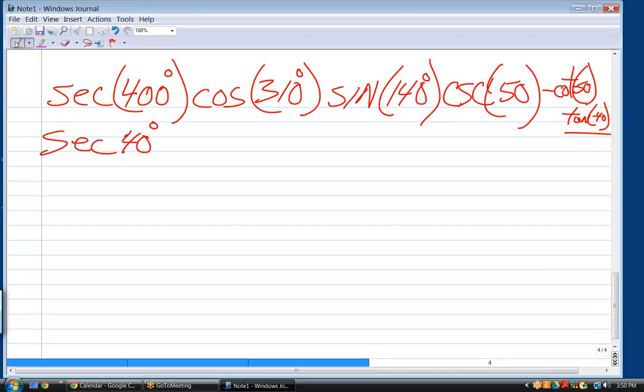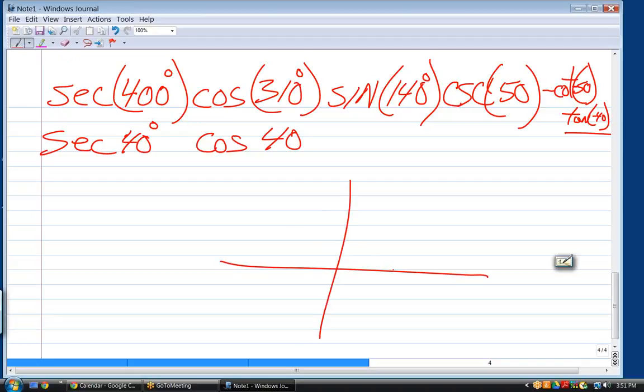Okay. And it's positive, right? Yes. What's the equivalent first quadrant angle? In other words, if I wanted to write that as a first quadrant angle, what angle would it be? 40? Yeah. Cosine of 40. In other words, the cosine of 310 is the same as the cosine of 40.